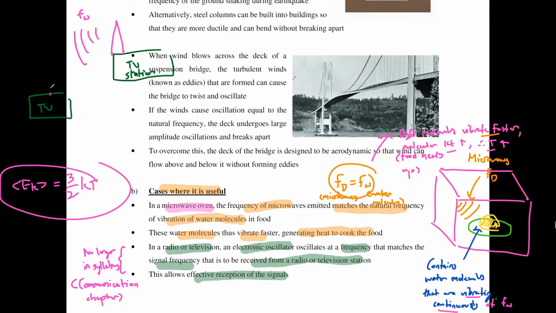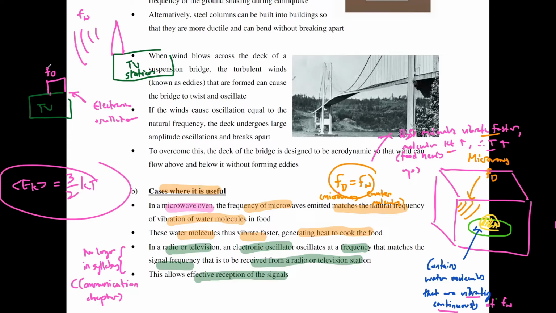When it wants to capture the signal from your TV station, it has something called an electronic oscillator inside. You force your electronic oscillator to oscillate with a certain frequency. This is called a driving frequency here.